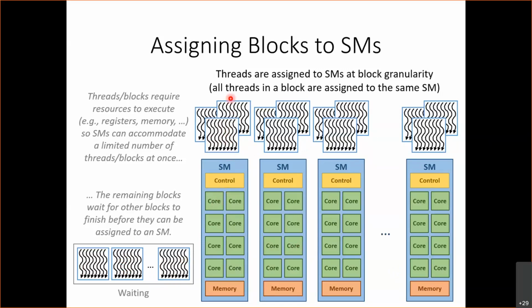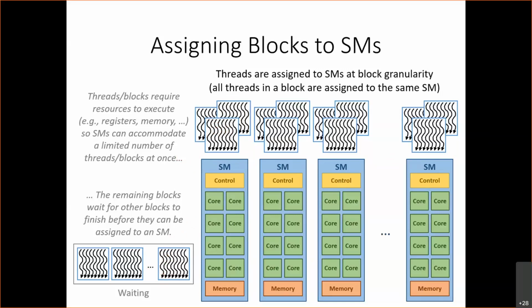The SM can support multiple blocks, and a grid can have many more blocks than the number that can execute simultaneously on the entire GPU. If we have more blocks, they will wait until one block is done so that they can come and execute in its place.